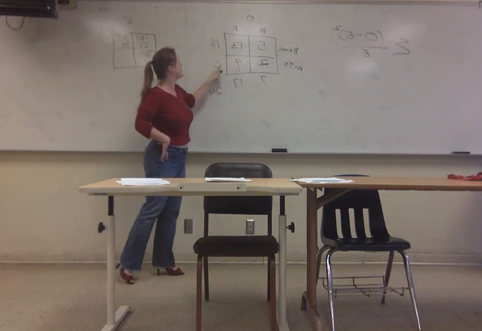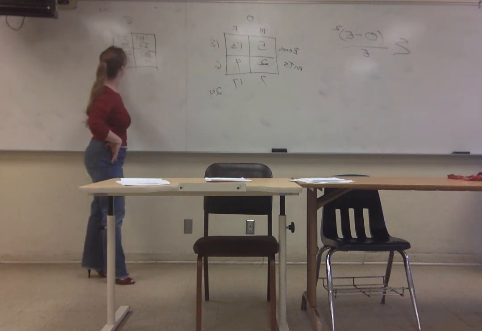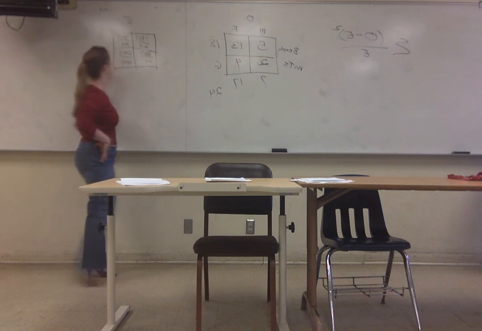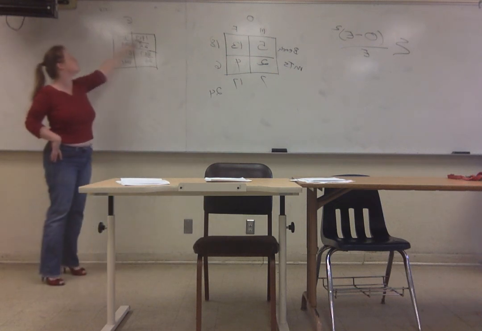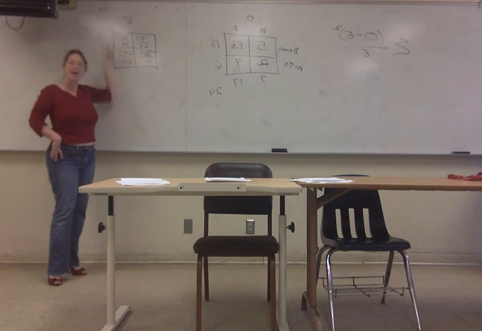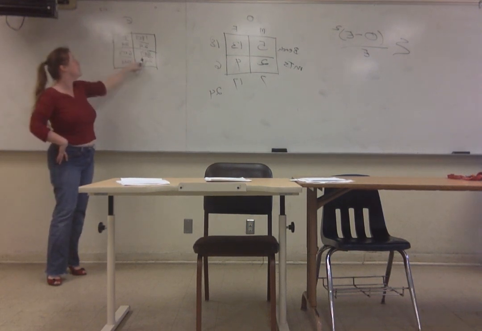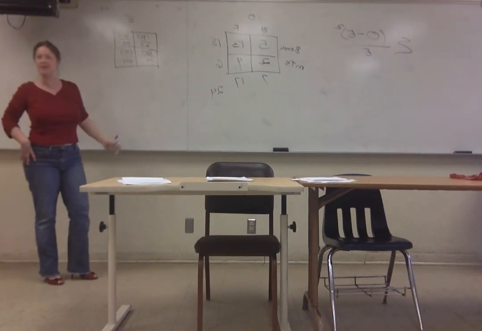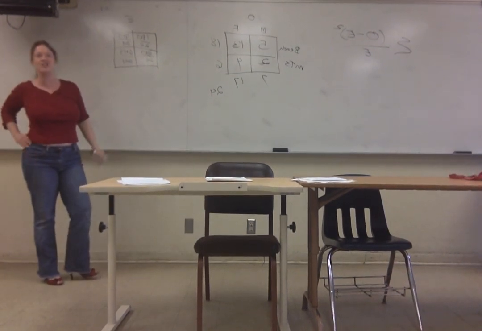And for this cell, I take 6 by 17, divided by 24. So do you see how multiplying by the marginal frequencies factors in how big these groups ought to be? This now is going to be the biggest group. This is going to be the smallest group, because that's what we should see if gender and where you want to go on vacation have nothing to do with each other.